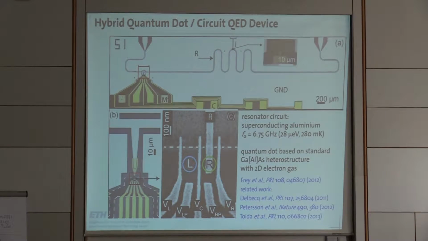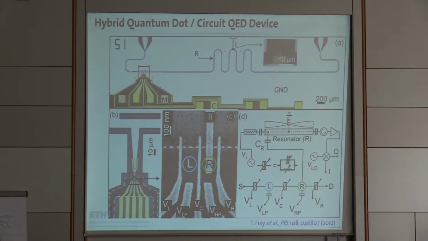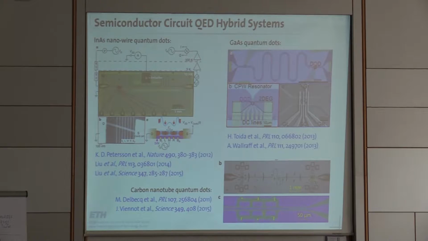That was the first type of device that we looked at, and here's a little circuit diagram of it. There's this double quantum dot at the bottom, with the left and right dot, tunable tunnel barriers, and tunable gate charges for each of the dots. The right dot is coupled to the resonator through this lead, and you can measure the properties of radiation transmitted through the resonator.